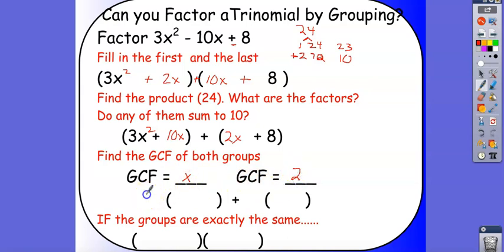So I would take out an x here. Now I'd get 3x plus 10, a 2 here, and I'd get x plus 4. Okay, this is one of those that's not factorable, because these do not equal each other. So that's one of those where you would stop and say, okay, can't do it. It's not going to work.